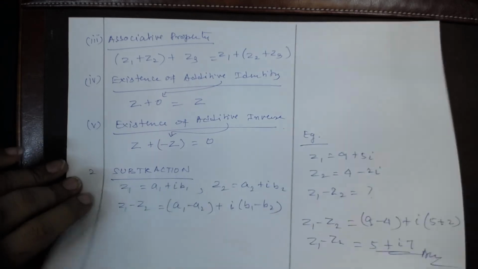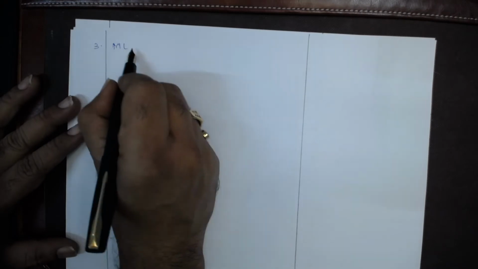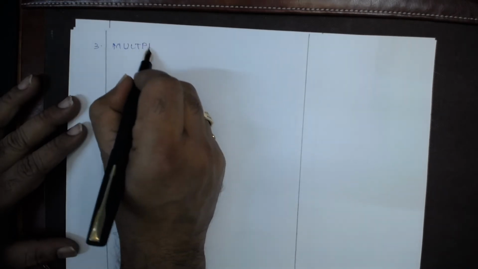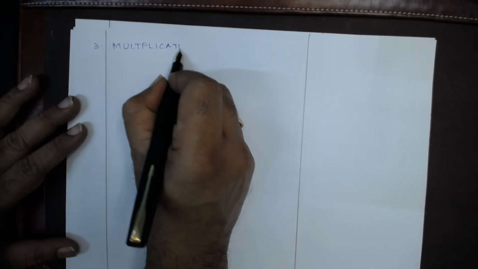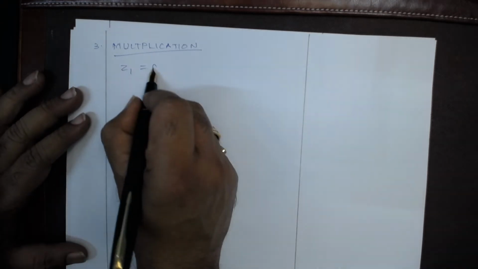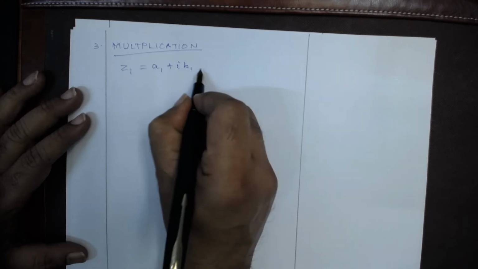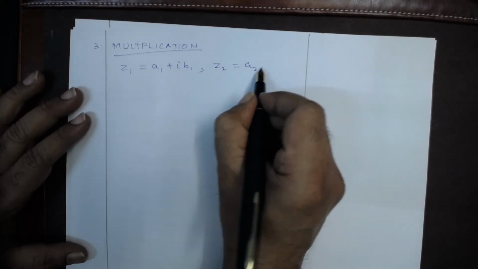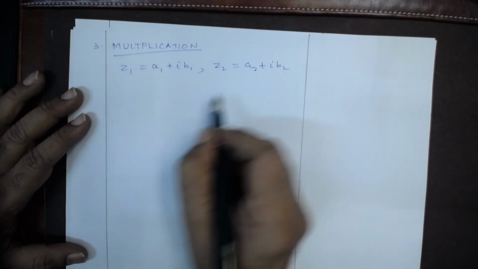Next, multiplication of complex numbers. Let us consider Z1 as A1 plus iB1, Z2 as A2 plus iB2.